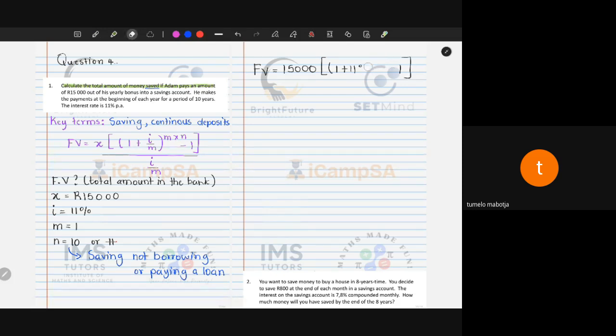So maybe let me put it here so that you don't think we ignored it. We have 11% divided by 1, to the power of 1 times 10, minus 1, all divided by 11% divided by 1. What is the future value, guys? After 10 years, what is Mr. Adams having in his bank account? Is he rich?